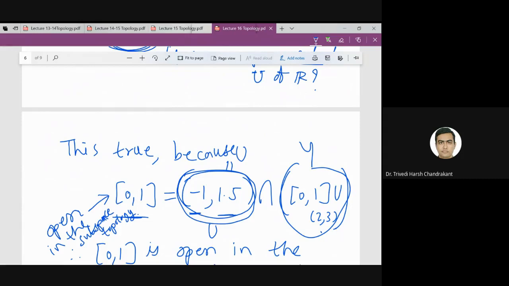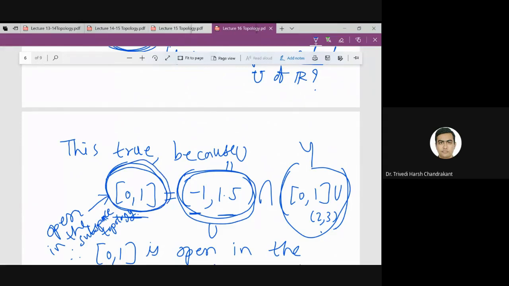Now this set is open in the subspace topology, but this set as a subset of R is not open in the standard topology. So is it clear that this set is not open as a subset of R, because we know in real analysis this set is closed.